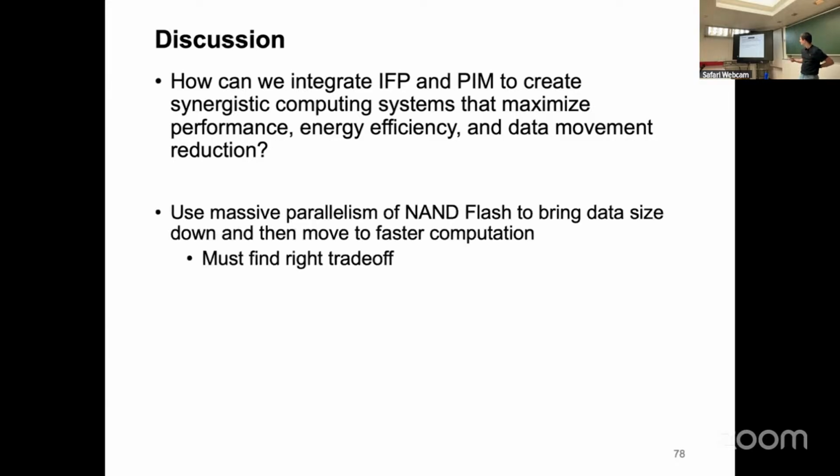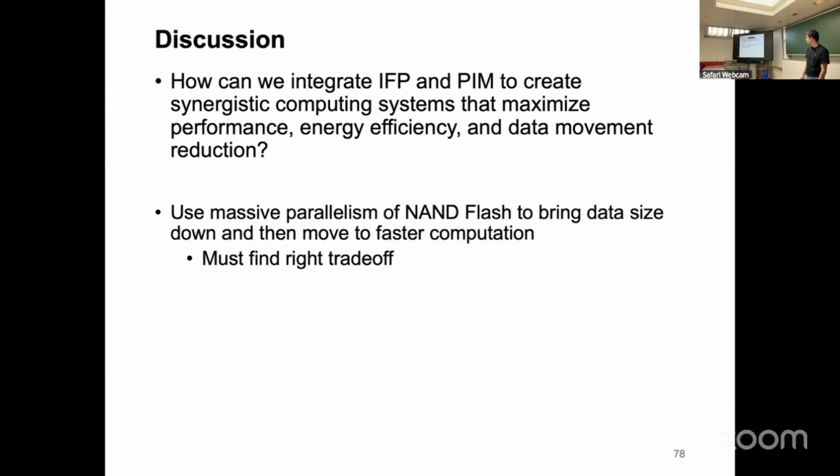So I thought you would have to do some offline benchmarking on what to do to bring the data size down in flash and then send it to the processing in memory, or just the host. And then you have to find the right trade-off between performance and data movement overhead or reduction.